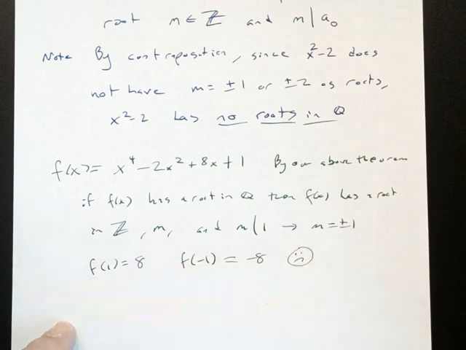So what does that mean? If there are no integer roots, there can't be any rational roots, which means no linear factor. X minus a divides this.